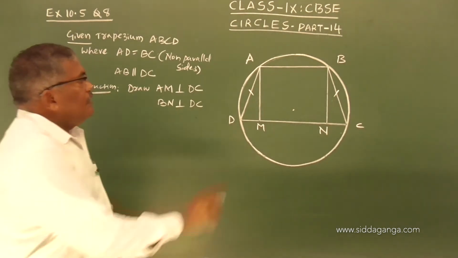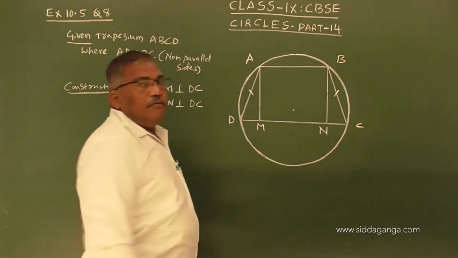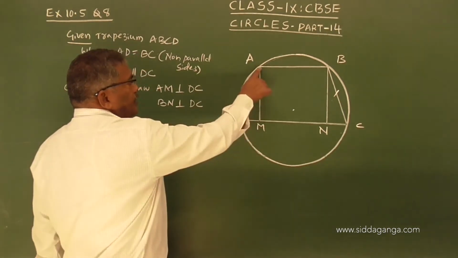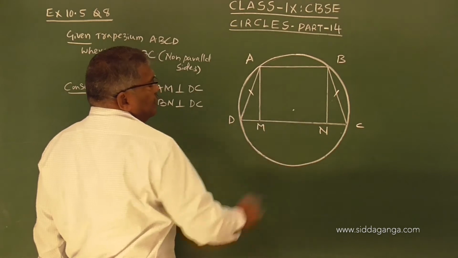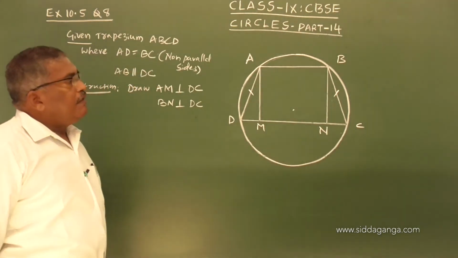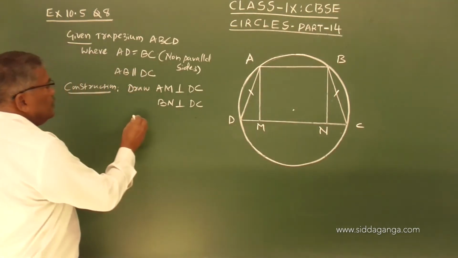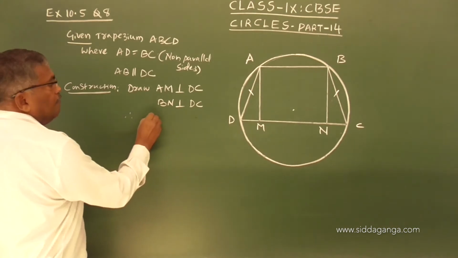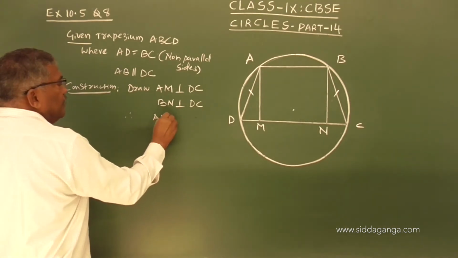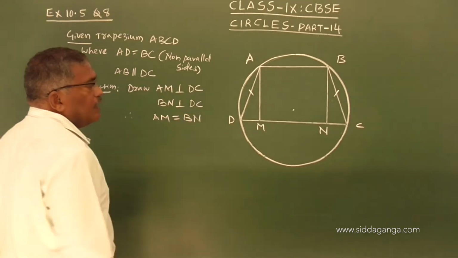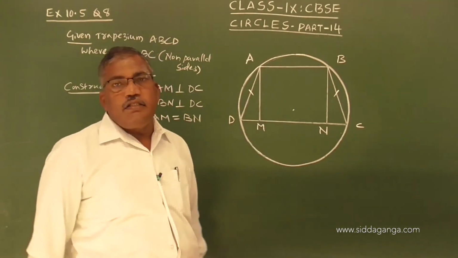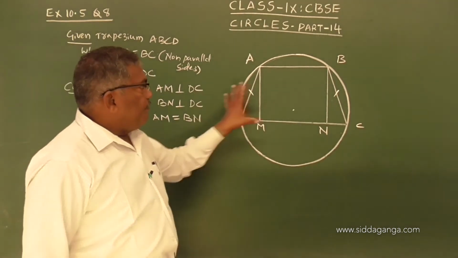See, because AB is parallel to DC, the perpendicular distance between these two lines, that is AM and BN. Therefore, AM will be equal to BN, because perpendicular distance between two parallel lines is always the same.